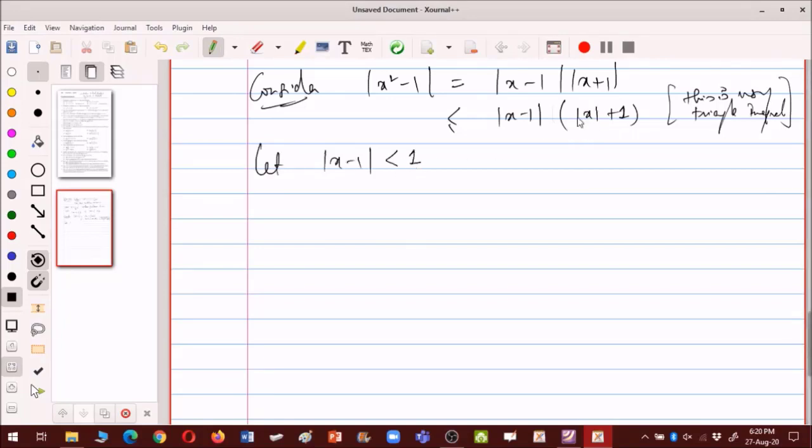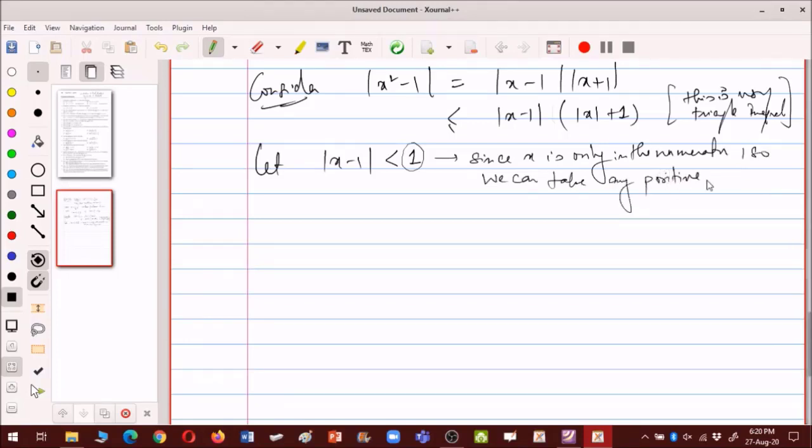Since x is only in the numerator, we can take any positive real number at this place in place of 1. Since 1 looks good, I am taking 1. You can take any positive real number in the place of 1.